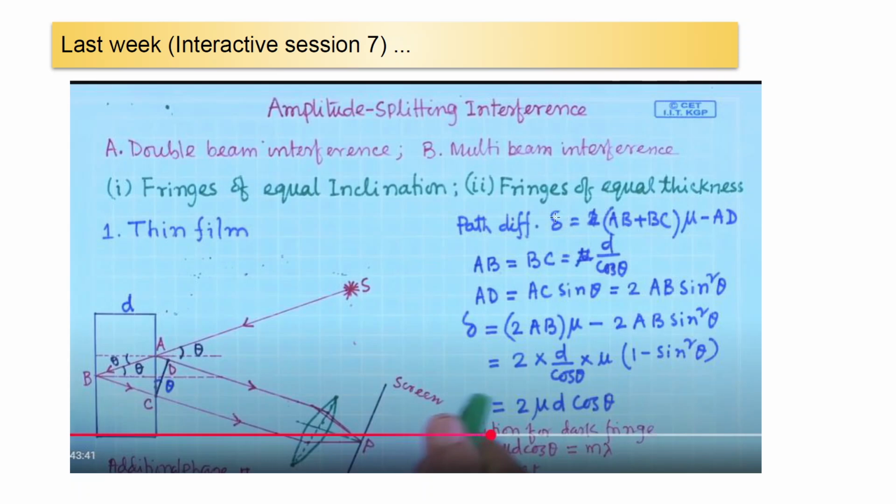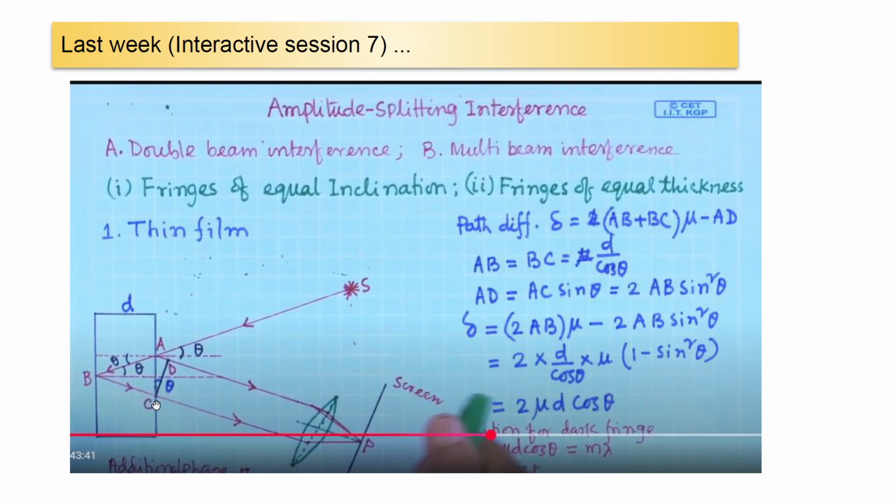So the path difference, if we denote it by delta, is AB plus BC, multiplied by mu because the refractive index is different here, minus AD. The other distances are traveled in the air medium, whereas AB plus BC is traveled inside a medium of different refractive index. That's why we multiply by mu to get the correction in the value.